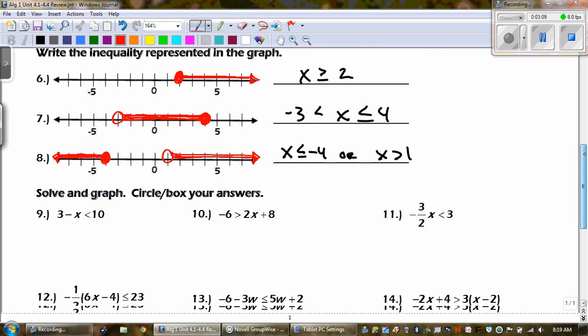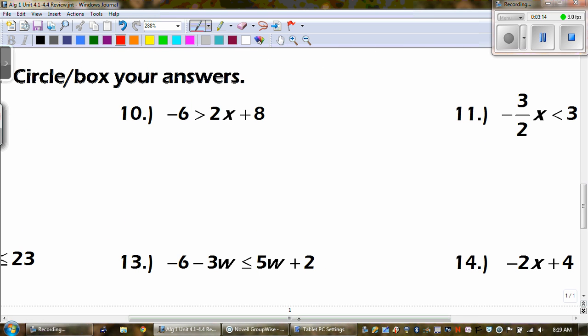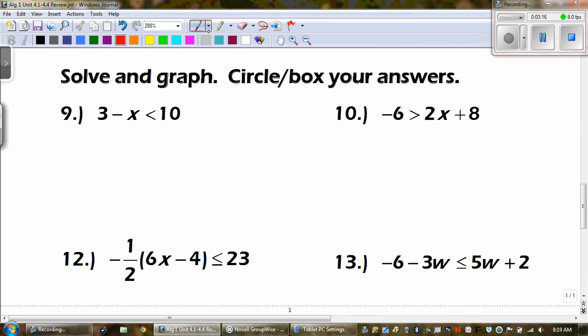Okay. Now the next one says that we need to solve and graph. So let's get started. First thing we need to do is subtract the 3 to both sides. Then we have -x is less than 7. You're not done because we have to divide by a -1. We get x, we get -7.